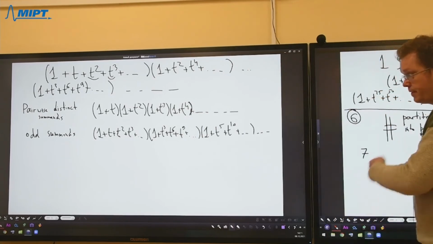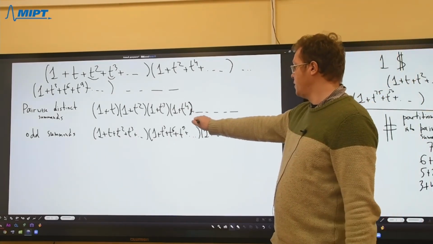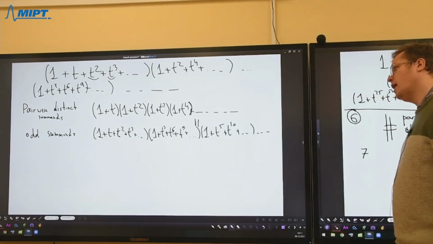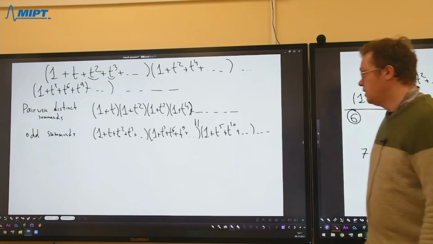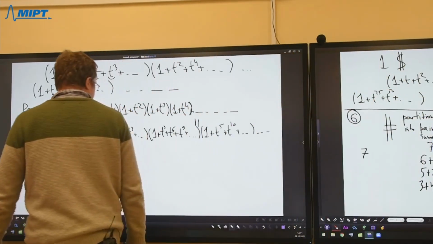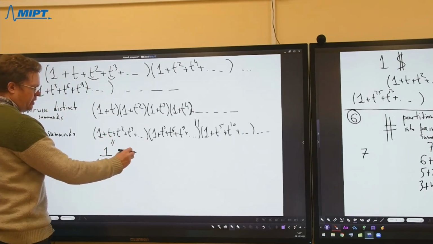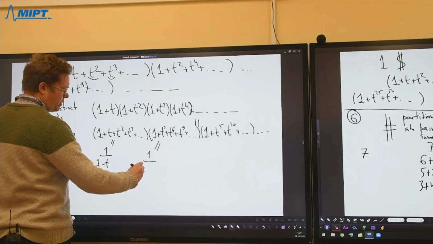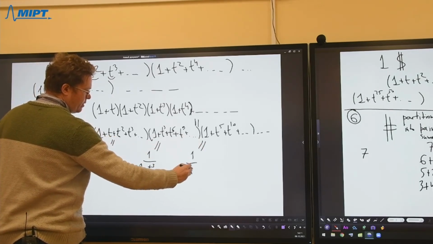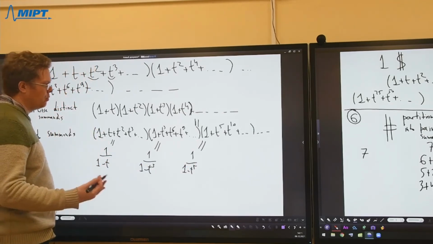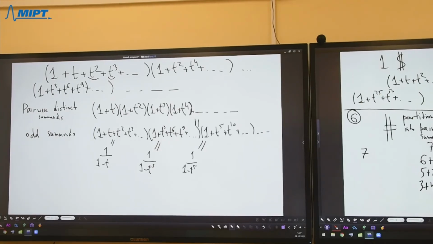And so if this is correct, then we need to prove that these generating functions are the same. So maybe I will take the first step. We can write this as 1 over 1 minus t, this is 1 over 1 minus t cubed, this is 1 over 1 minus t to the 5th, and so on. So we need to prove some tricky equality of formal power series.